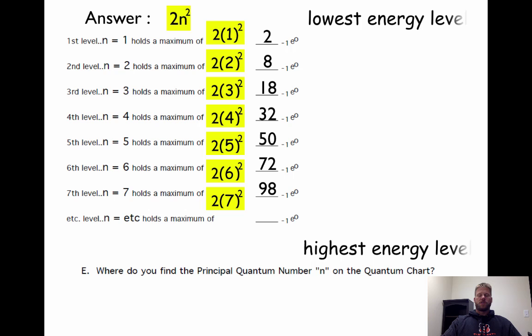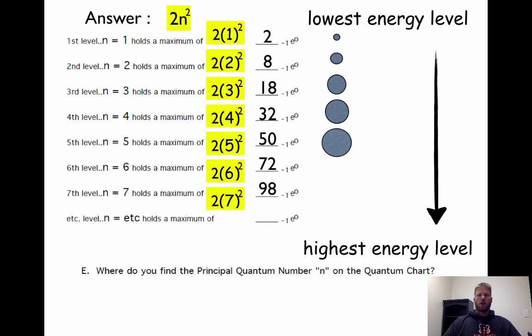If we wanted to see what these would look like as a diagram, the lowest energy principal quantum number stands for the shape, and it would be the smallest shape. And that should make sense because electrons around the positive nucleus, there's an attraction there. So the closer the negative electrons are to the positive nucleus, the lower energy state they will be in.